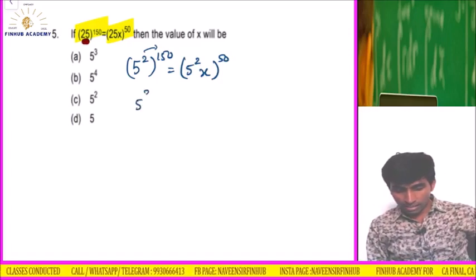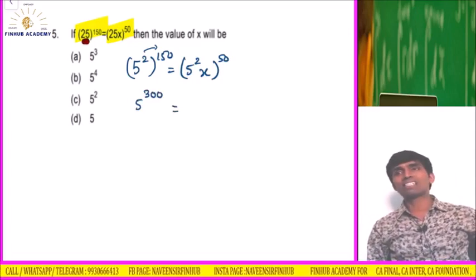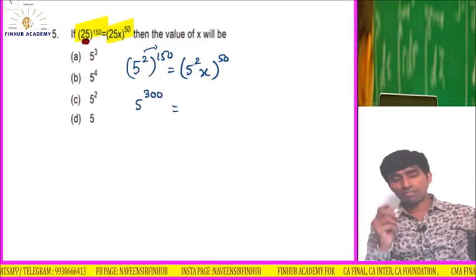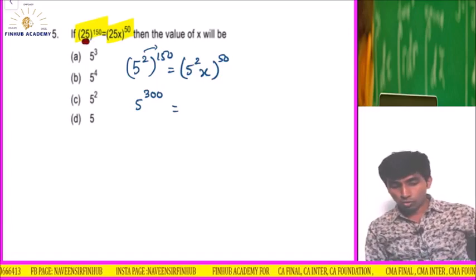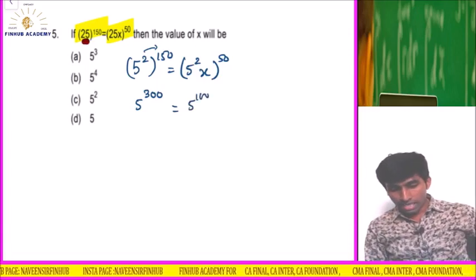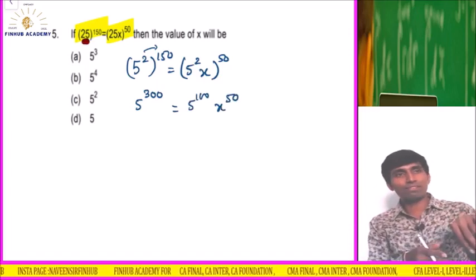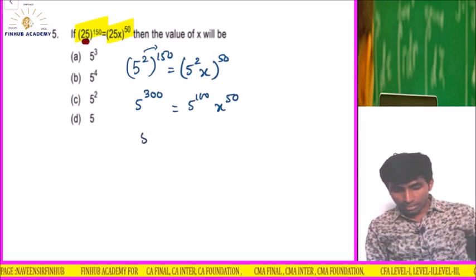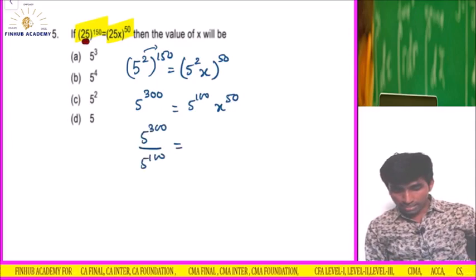This we know, 300. Same way on the other side, the power will get multiplied. So 50 is common for 5 square as well as x. So 2 5s are 5 raised to 100 and x raised to 50. Understood? So I will take 5 raised to 100 on the other side. So 5 raised to 300 upon 5 raised to 100 equals x raised to 50.